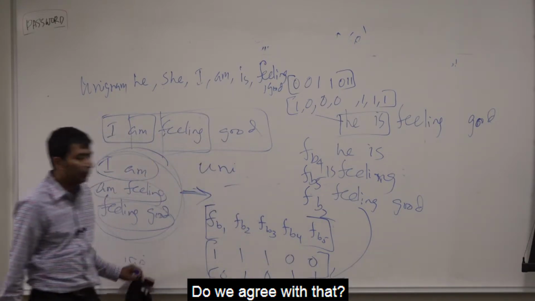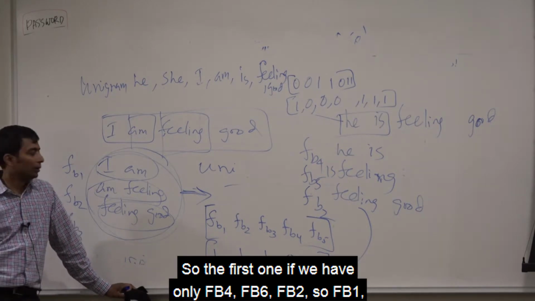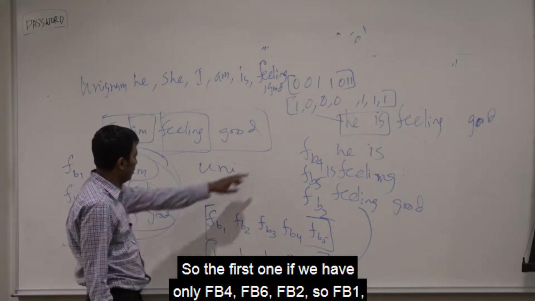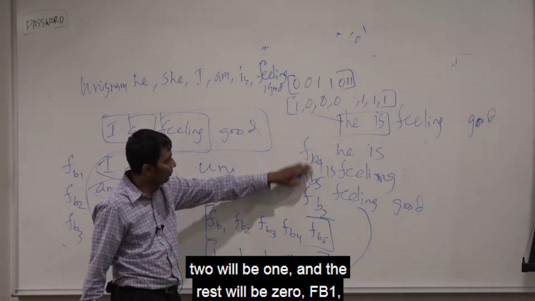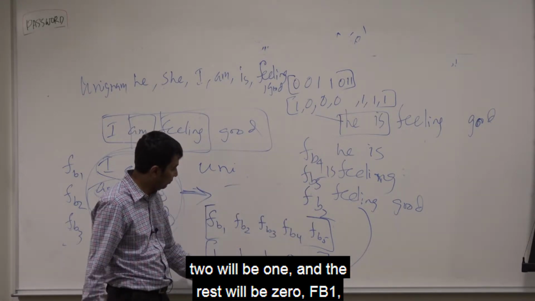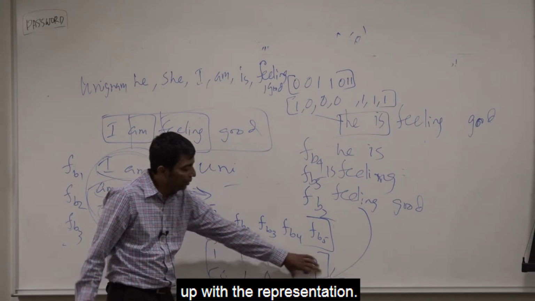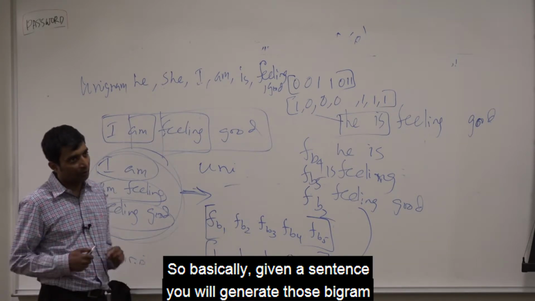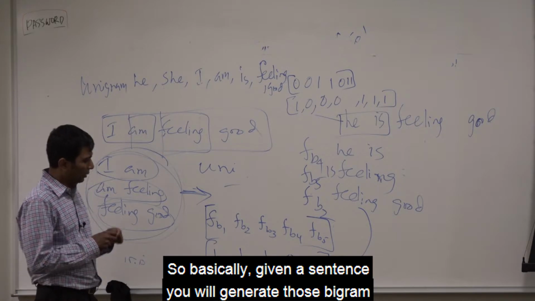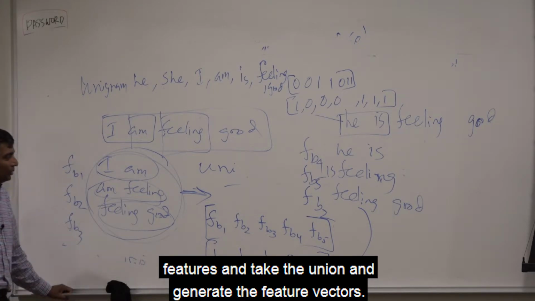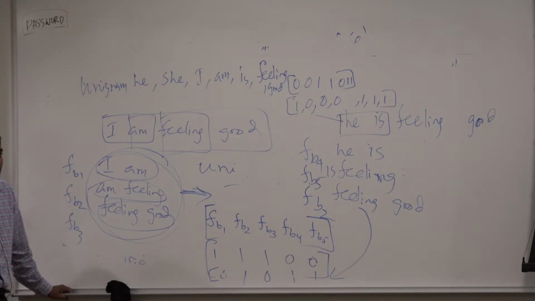Do you agree with that? In the first one, FB1, FB2 and FB3 will be 1, and the rest will be 0. So basically, given a sentence, you generate those bigram features, take the union, and generate the feature vectors.